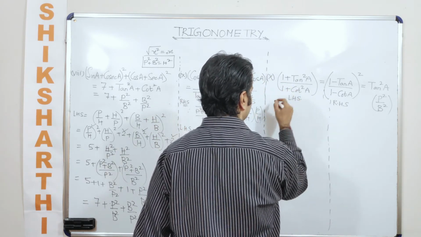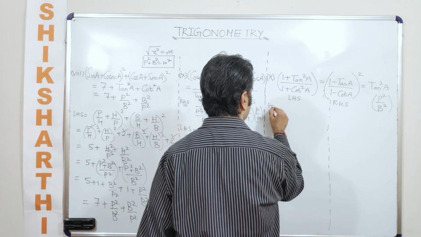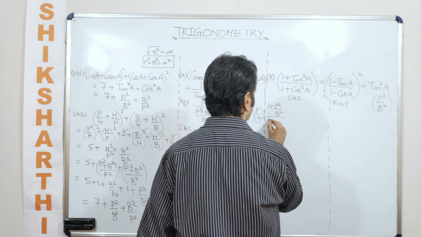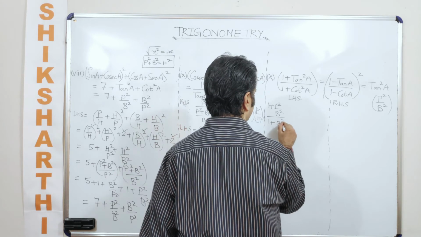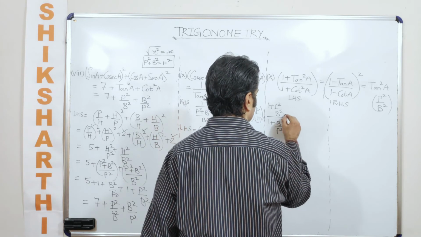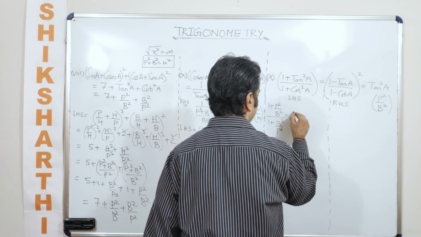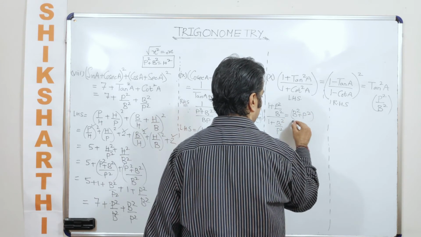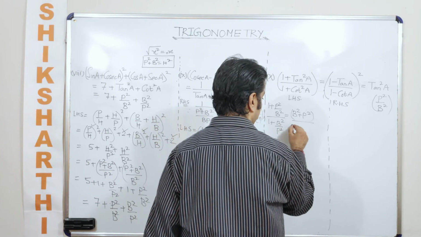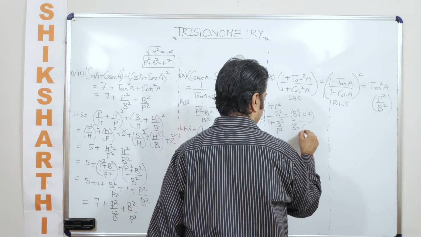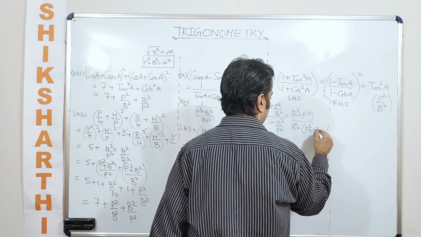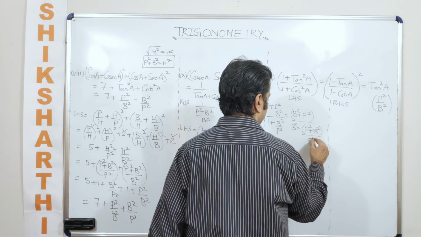So talking about the LHS now, so can I write it as 1 plus p square by b square divided by 1 plus b square by p square, and then we further write it as this is nothing but (b square plus p square) divided by b square, multiplied with (p square plus b square), and then further divided by p square.